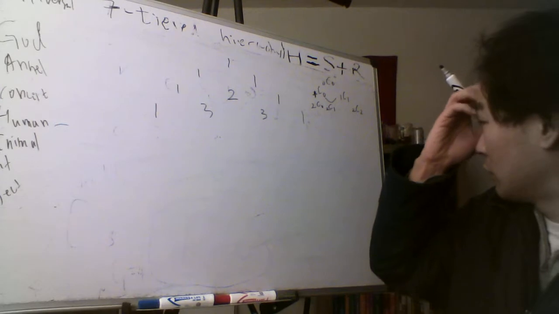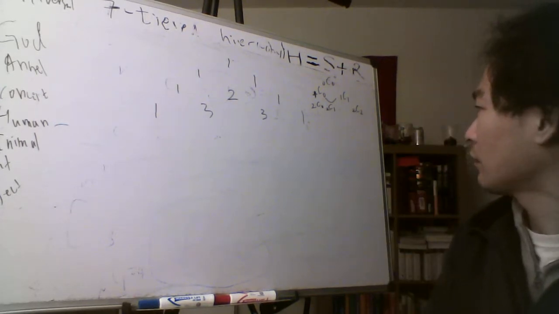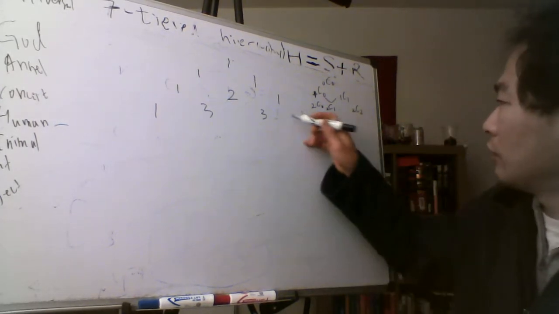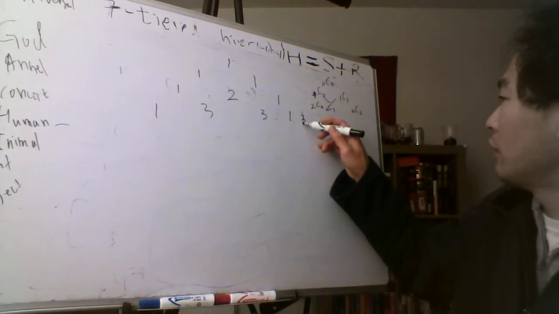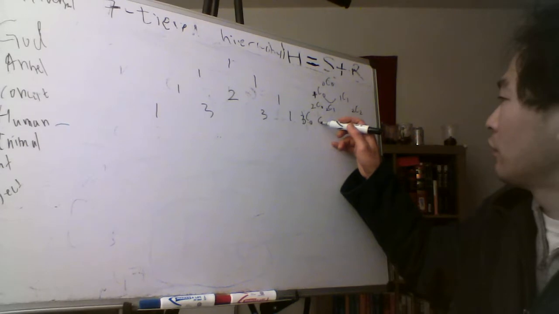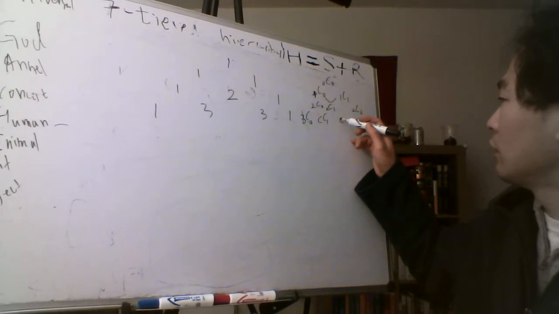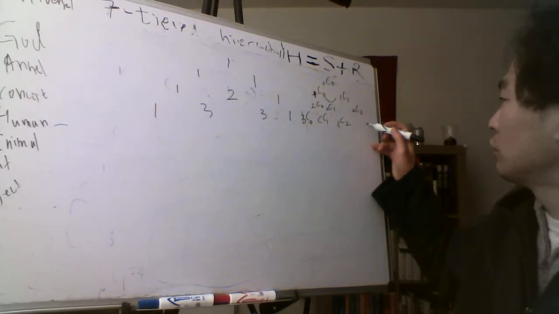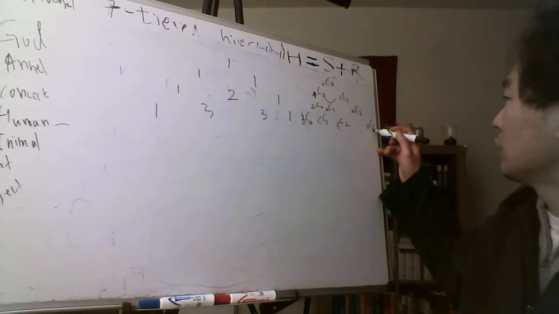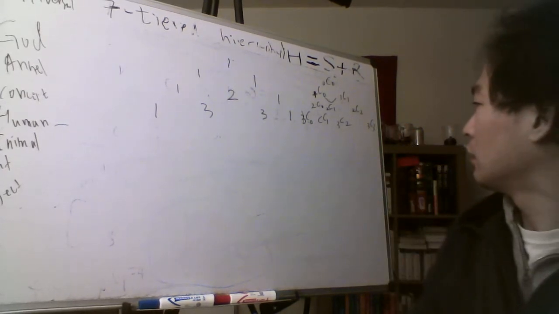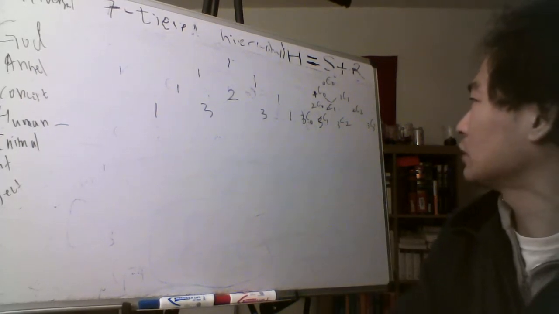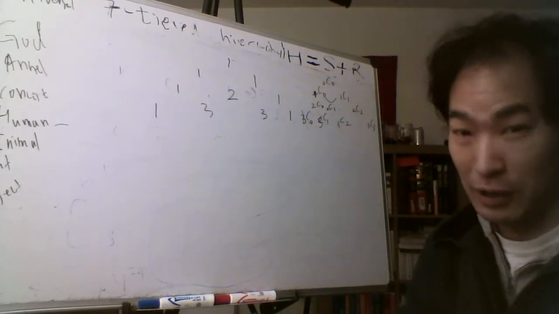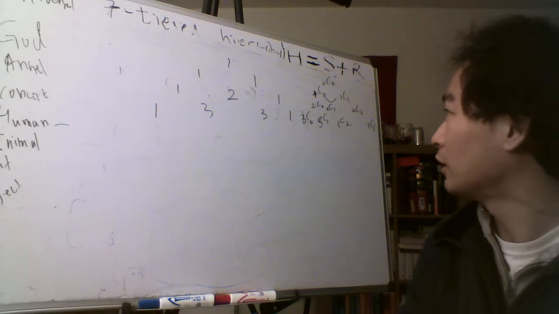That's how it is. And you have 3C0, 3C1, 3C2, 3C3. So that's Pascal's triangle. I'm sorry, I'm not writing quite clearly.